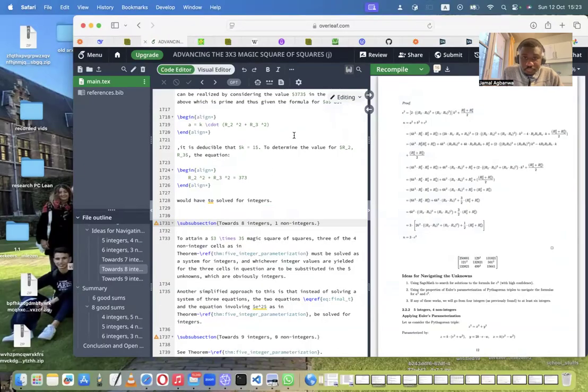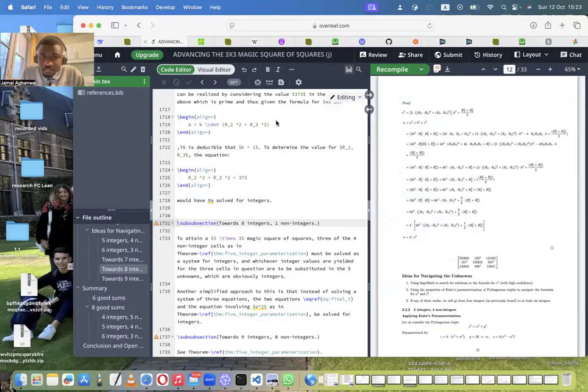So here, let me download once again, and let me see.